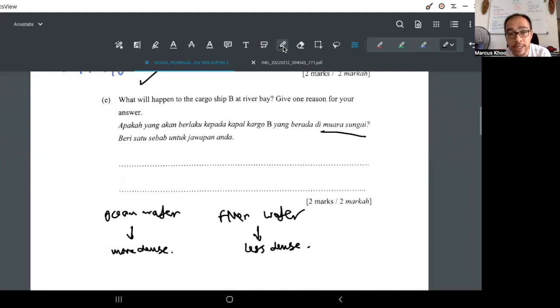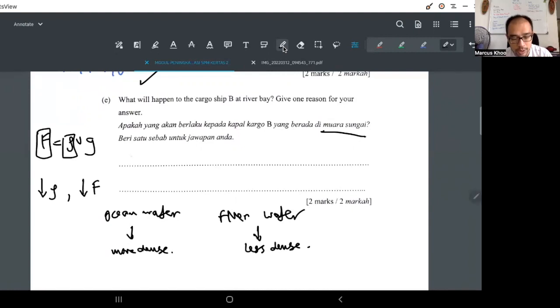Okay, and we have to consider how the density affects the buoyant force. F equals rho Vg. Okay, so we find that the smaller the density of the water, the smaller the buoyant force. Okay, and so if the buoyant force is now smaller, because it goes inside the river bay, what will happen to cargo ship B?